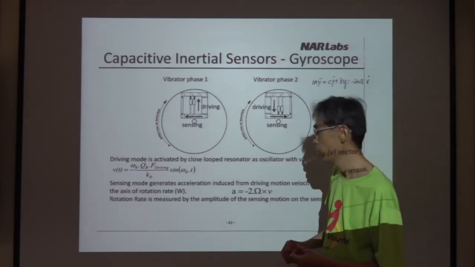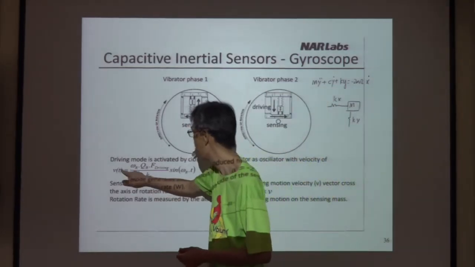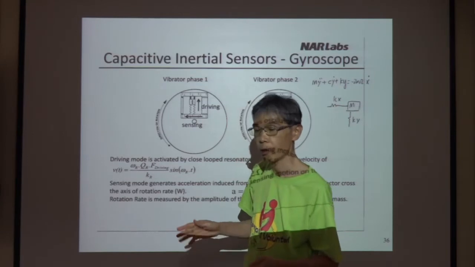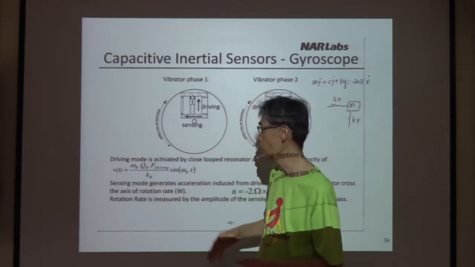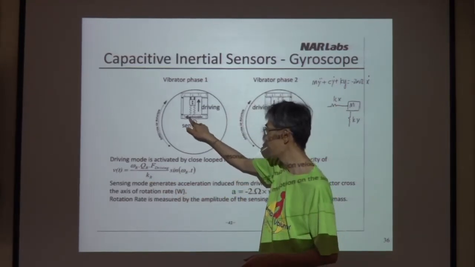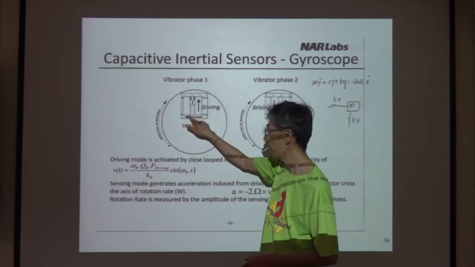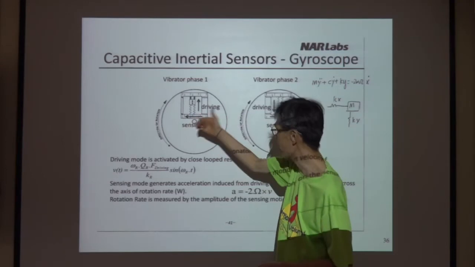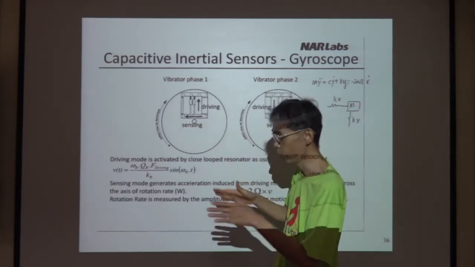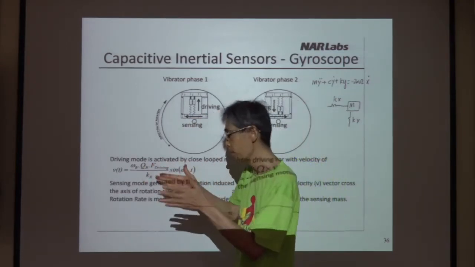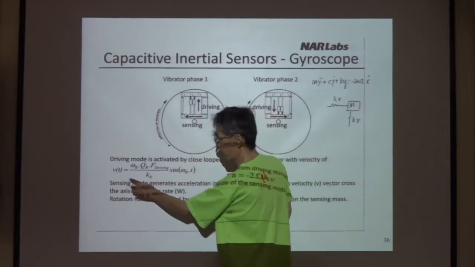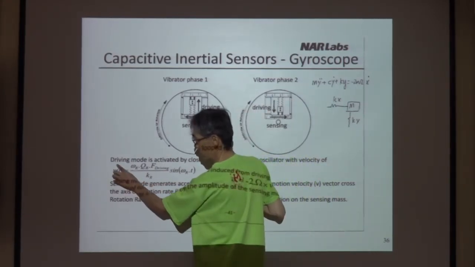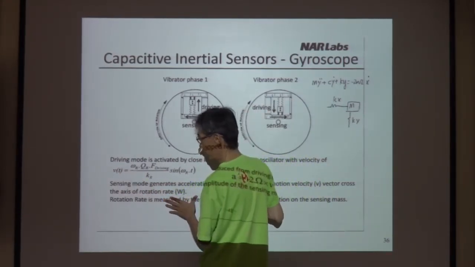For velocity, we need to use, say, a comb drive to drive this frame right, left, right, left. We use the comb drive. So this is the velocity created by the comb drive.